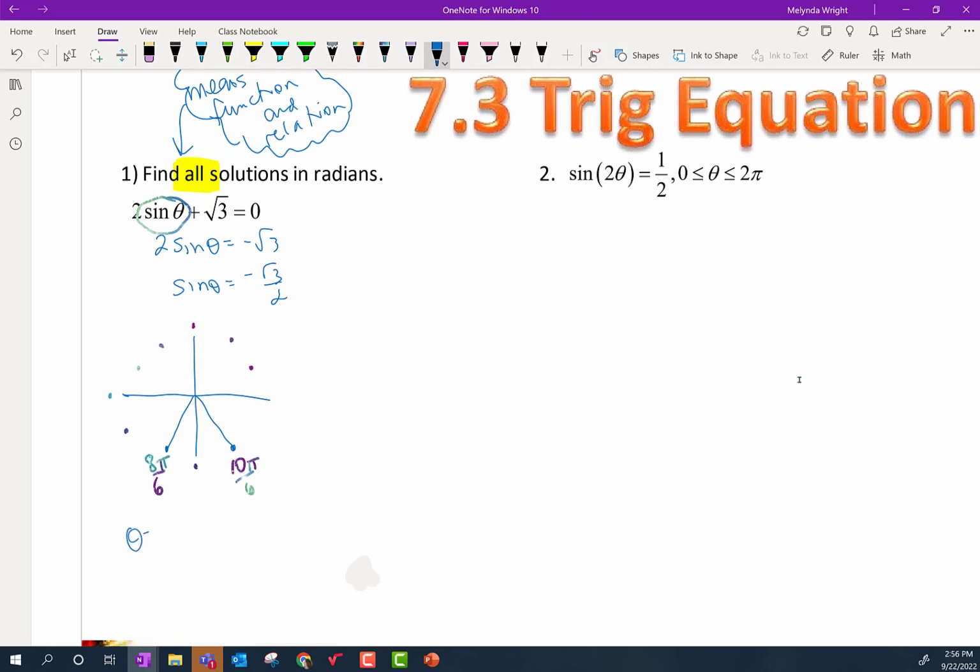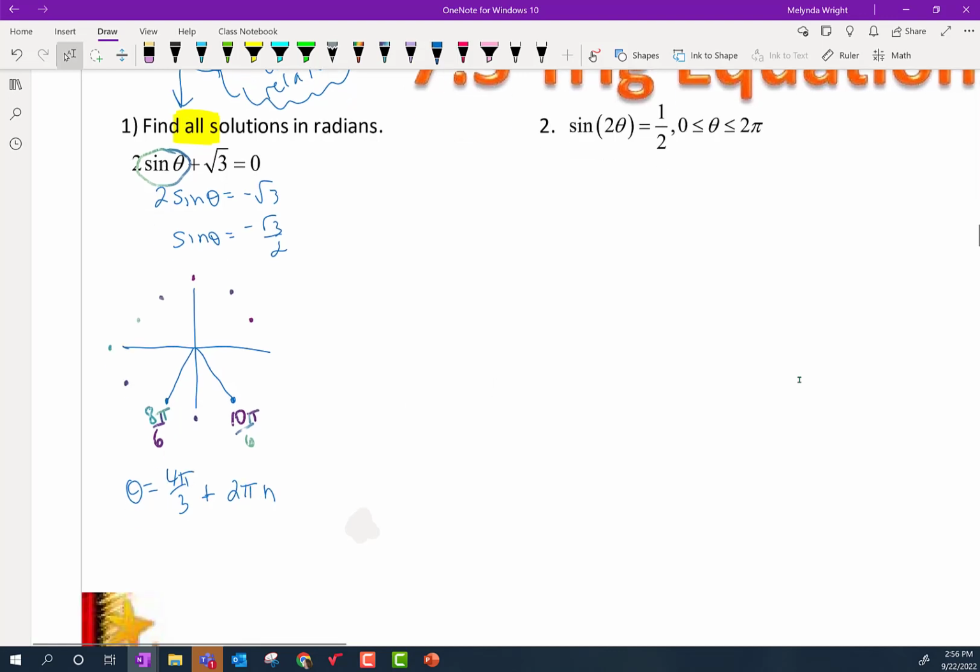Theta equals, I'm going to reduce 8 pi over 6 to 4 pi over 3, plus our period, 2 pi n. The second one would be theta equals 10 pi over 6, which reduces to 5 pi over 3 plus 2 pi n.